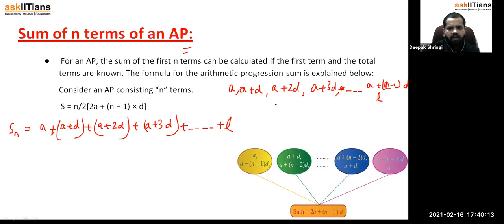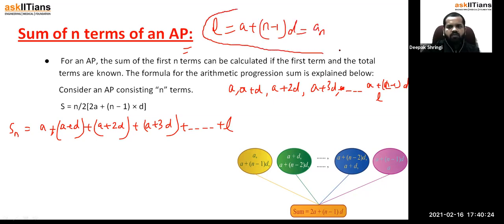The last term is L, and L is basically A plus n minus 1 into D, which is equal to an. Your last term is also the nth term. So I have written A plus D, A plus 2D, A plus 3D, and so on till L.